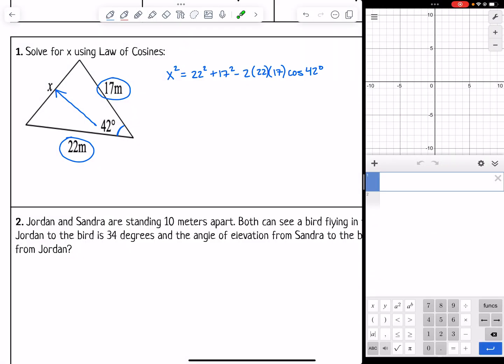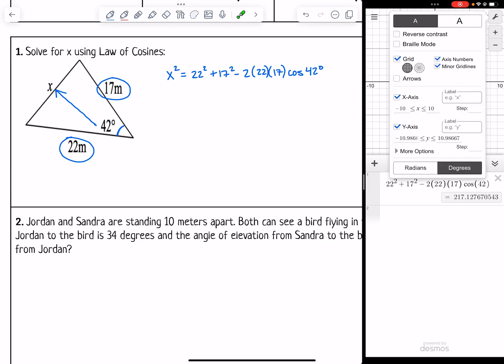All right, so I have 22 squared plus 17 squared minus 2 times 22 times 17, and then I need cosine of the angle, which is 42, and I need to make sure that's in degrees.